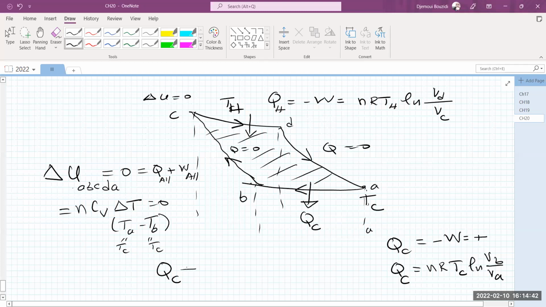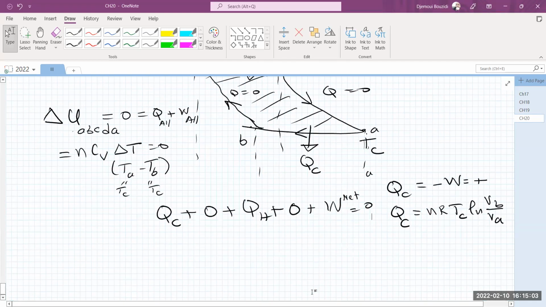And I have to add this Q, which is 0. And I have to add this QH, which is positive. And I have to add this Q from D to A, which is 0, plus my W, the network, is equal to 0.